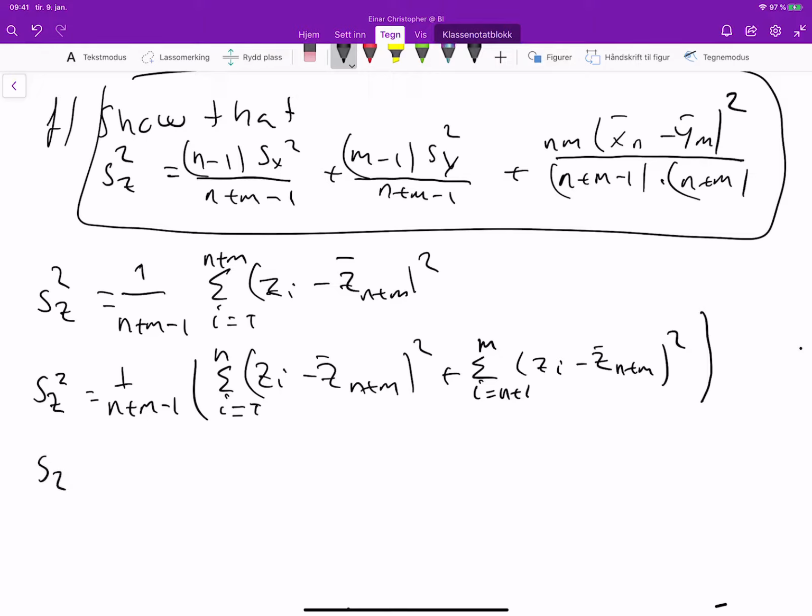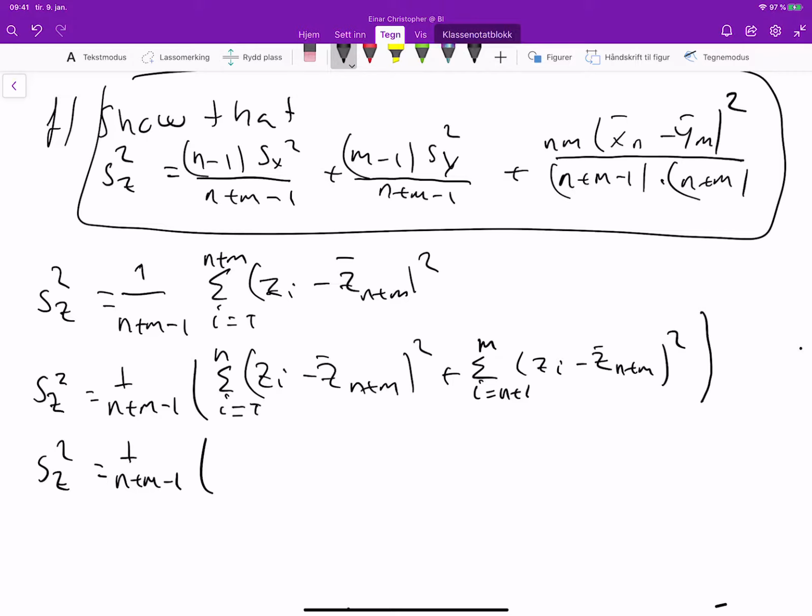And then we have that this is 1 divided by n plus m minus 1, parenthesis. And when i goes from 1 to n for the z_i's, we know that the z_i's are equal to the x_i's.